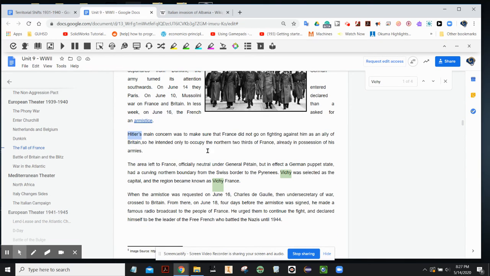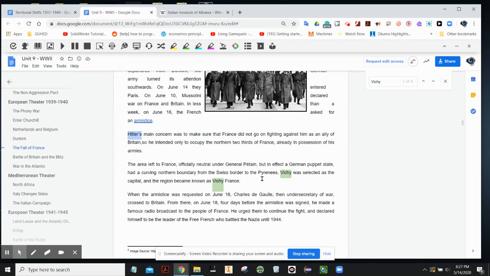Hitler's main concern was to make sure that France did not go on fighting against him as an ally of Britain. So he intended only to occupy the northern two-thirds of France, already in possession of his armies. The area left to France, officially neutral under General Pétain, but in effect a German puppet state, had a curving northern boundary from the Swiss border to the Pyrenees. Vichy was selected as the capital, and the region became known as Vichy France.